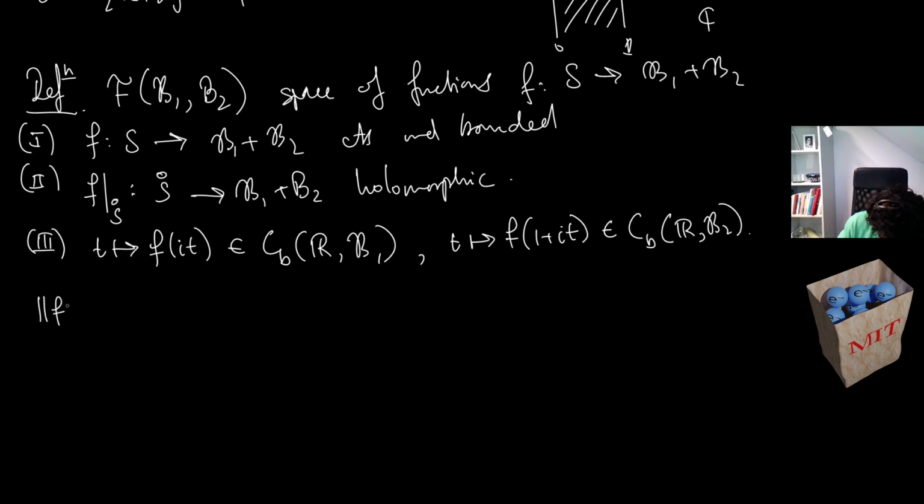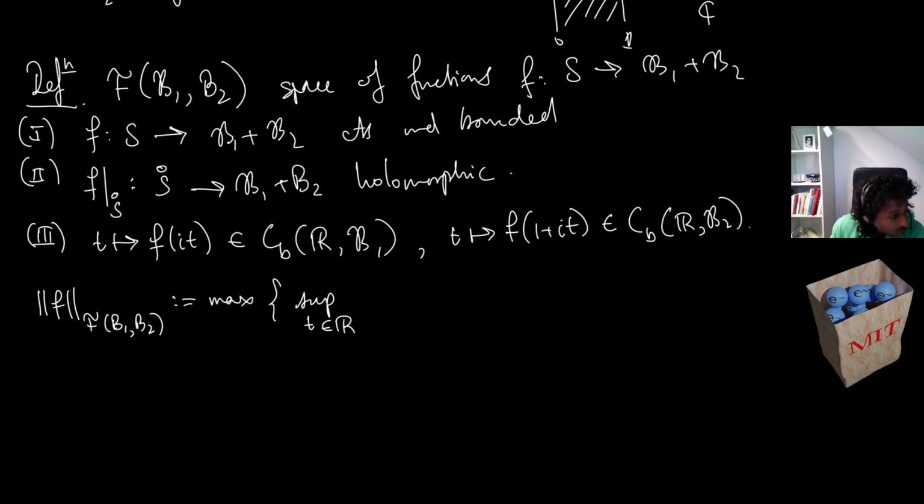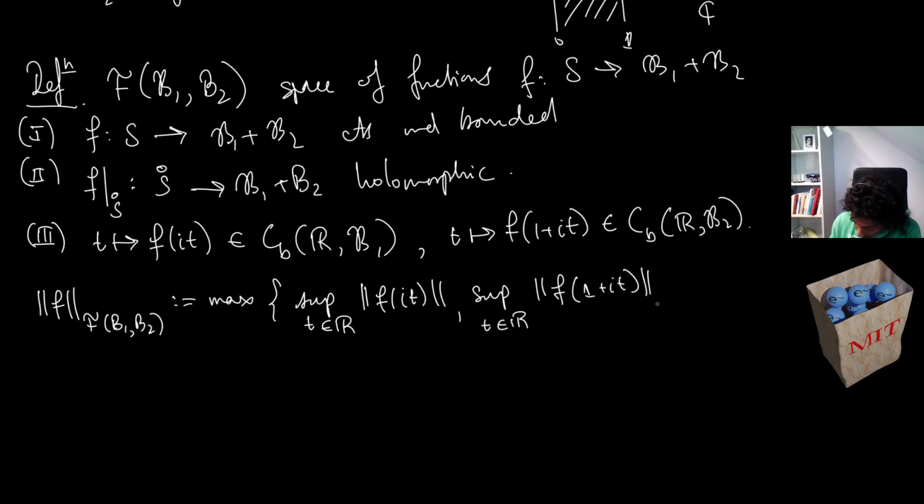The norm of f in this space is equal to the max of the supremum over t in R of the norm of f of it in B1, and the supremum over t in R of the norm of f of 1 plus it in B2.